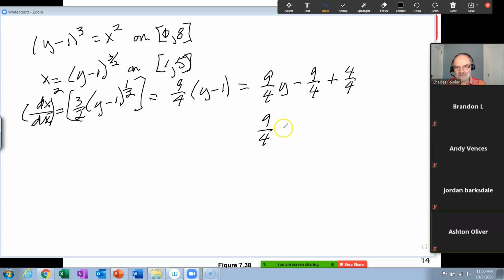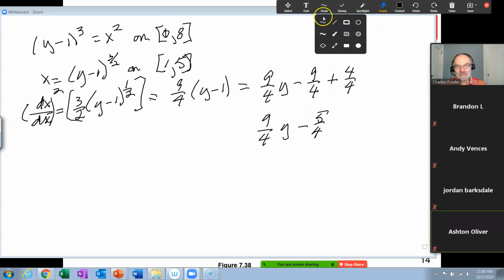9/4 y, plus 5/4. No, minus 5/4, sorry. Wait. Okay. I may be beginning to regret what I just did. Because then what you have to do is take the square root of this.